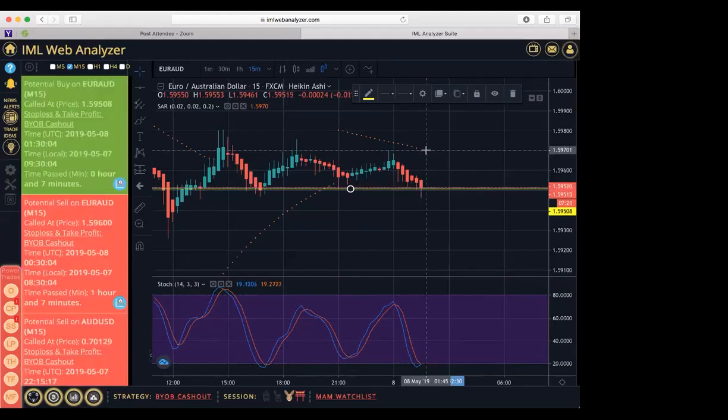So this is where patience is important. Just because they call the trade does not mean it's ready at that moment. There is some patience because we need the trade to be ready. So these candles are every 15 minutes.